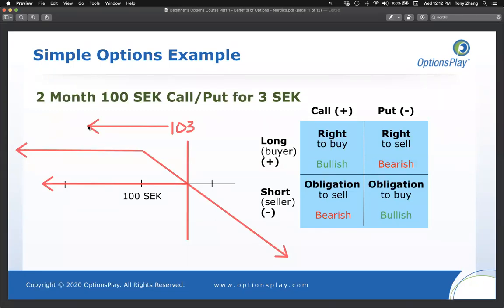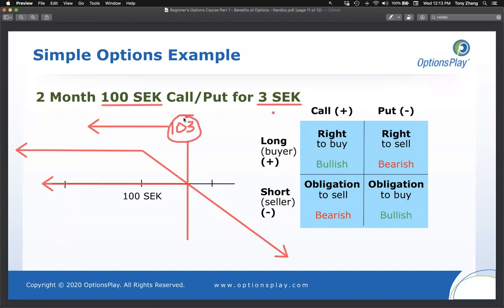So please type 4 into the chat window if this concept makes sense to you, right? And what's really important to remember here are 2 things. What is the strike price that I have to sell the stock to the buyer for, and how much am I receiving for entering this call contract, because that establishes this price here, right?